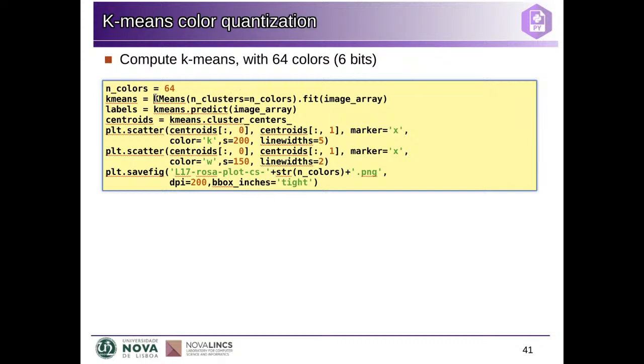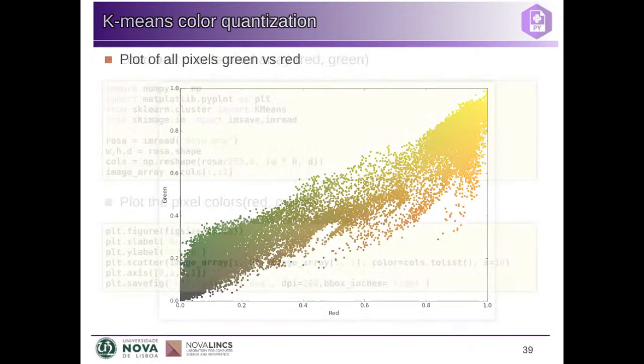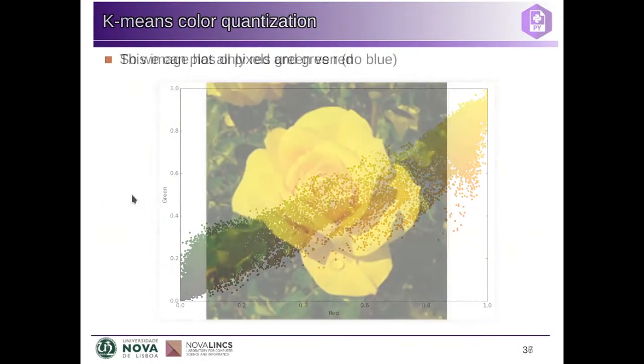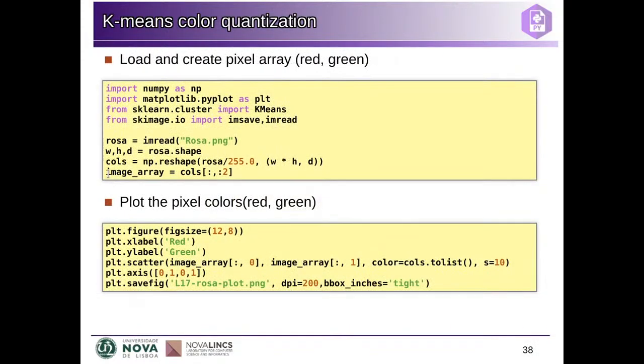So I'm creating a k-means object with 64 clusters, and I'm going to train the model, or fit the model, using the array of values I have created here. So this image array is a matrix with 1 pixel per row and 2 colors, red and green.